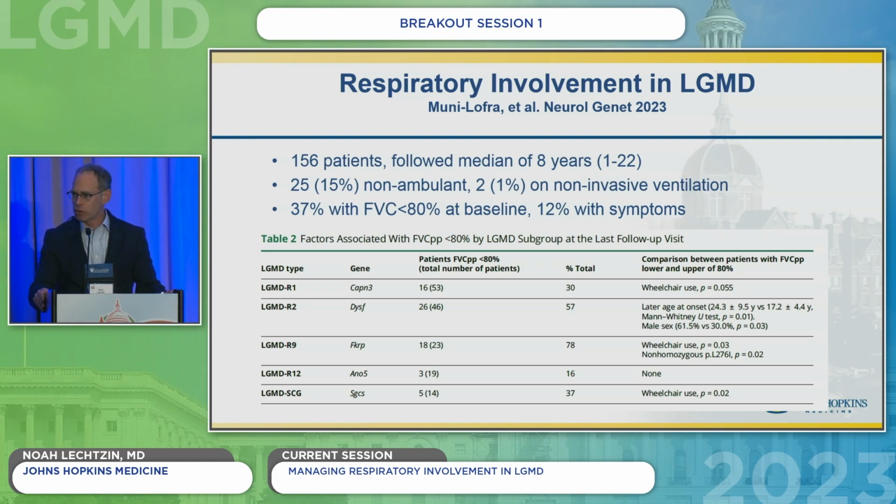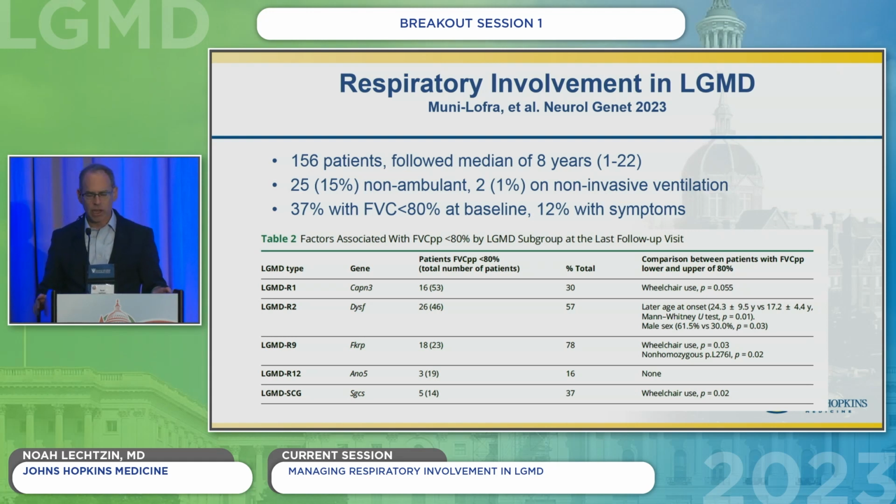Twenty-some years ago, when I first started seeing patients with limb-girdle muscular dystrophy, we knew some patients develop respiratory problems and some don't, but we didn't know a whole lot more about who was who. Fortunately, we've learned a lot over the years.